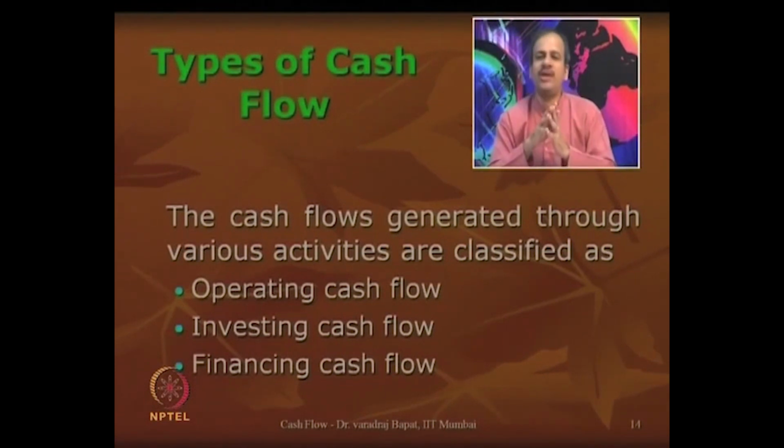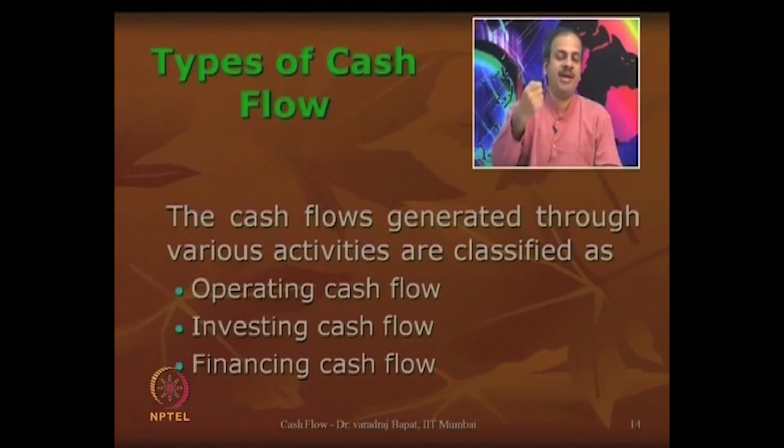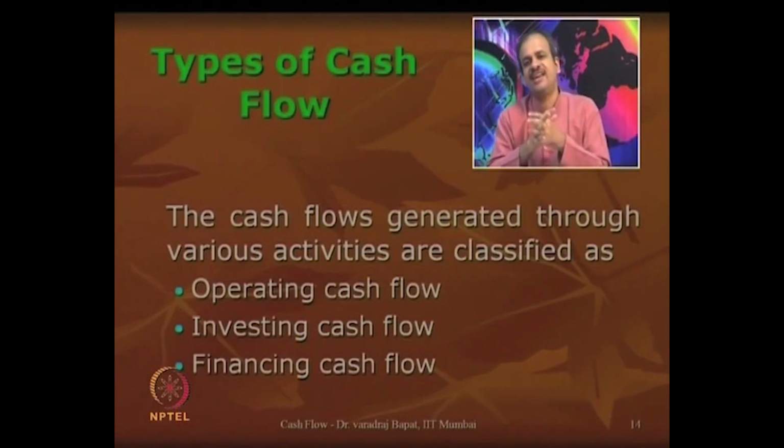Now maybe one or two examples of financing. So to run the company, naturally I need money. Where from money come? One way is I may issue my shares. So if I am a company, I issue shares to investors and I receive money, that is for financing. So it's a financing activity.